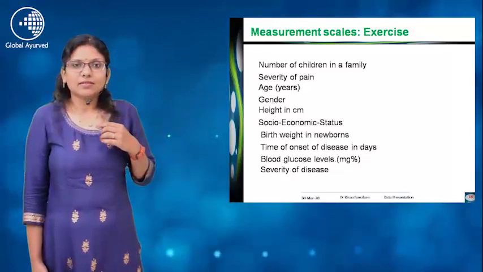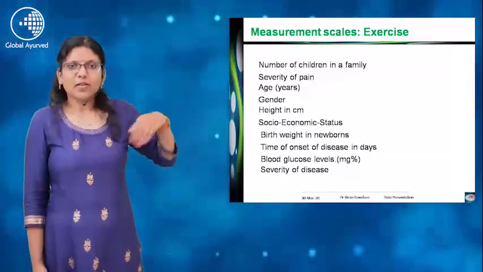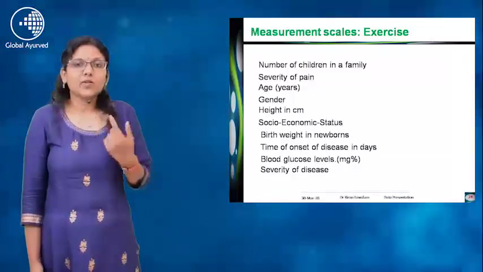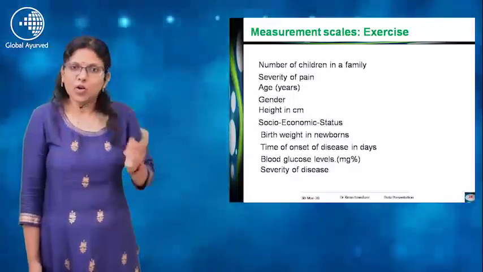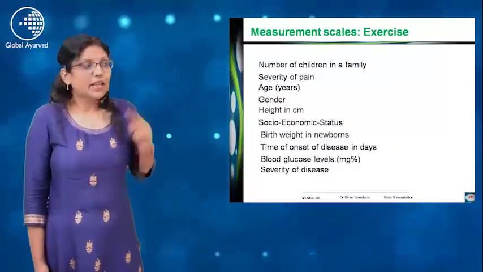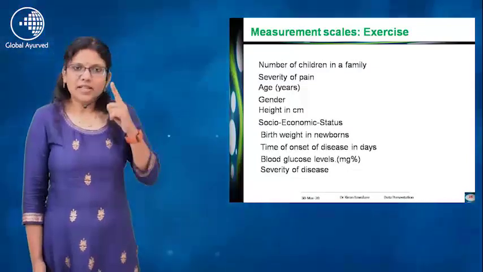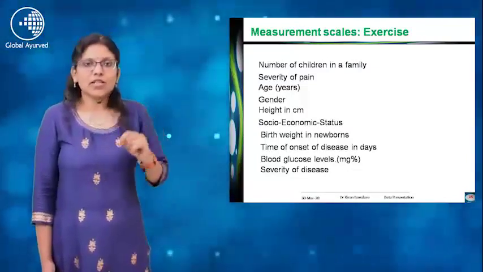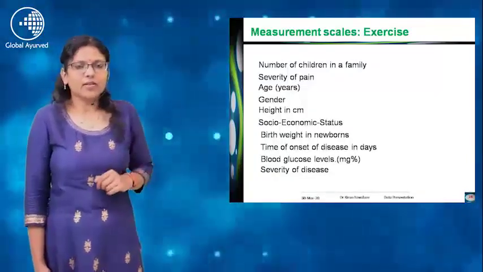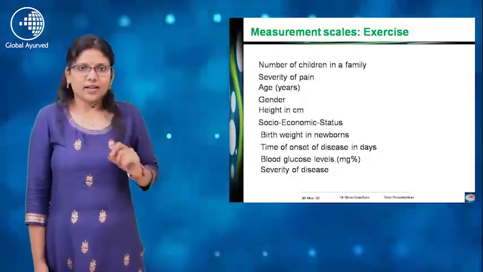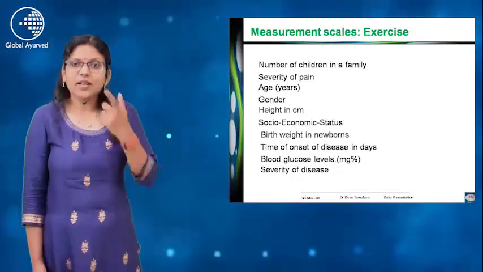Data type is mild, moderate, severe pain. Ordinal type of data, and we can use the ordinal scale for the ordinal type of data. Age in years, completed age in years. Here the unit year is given, so it is discrete data and the scale used is the interval scale.